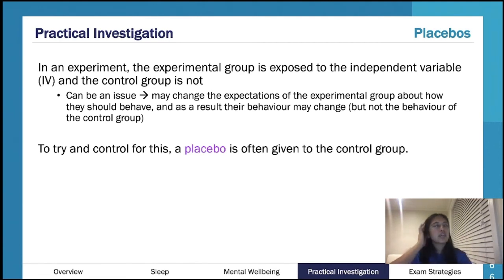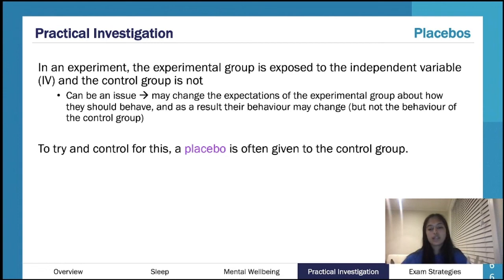If you give someone a sugar pill and you say it's Panadol, they'll say, oh, okay, my headache feels so much better now, because it's psychosomatic, because they have this expectation that their headache should get better. So then they just believe that they're going to get better. The way that we control for those participant expectations is we give the control group a placebo.